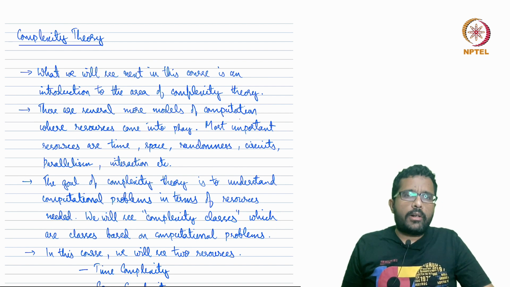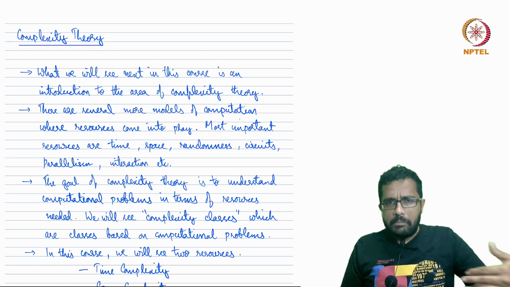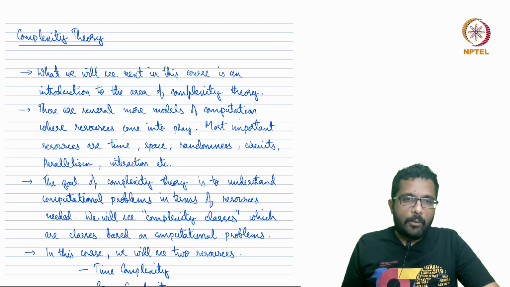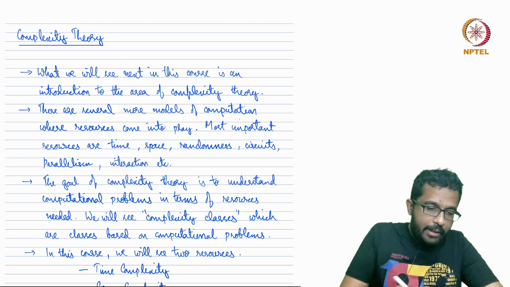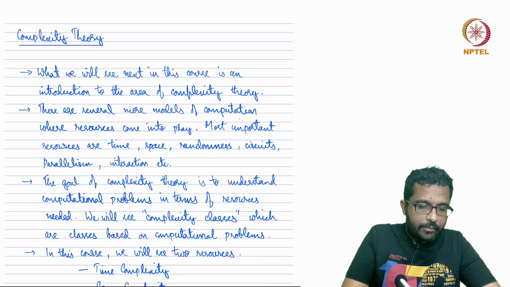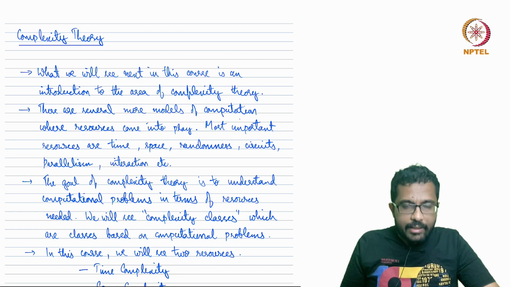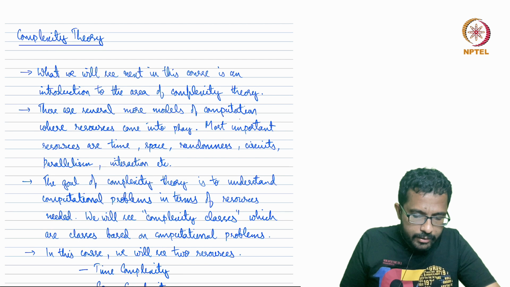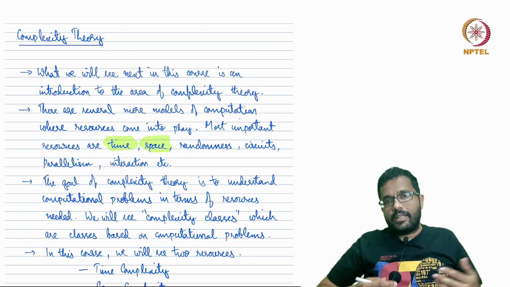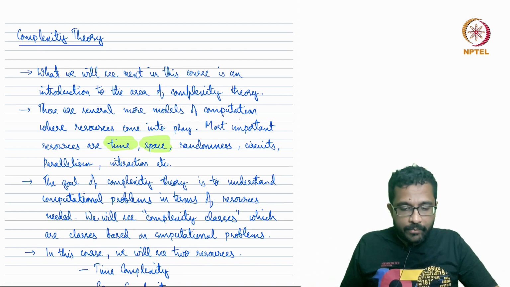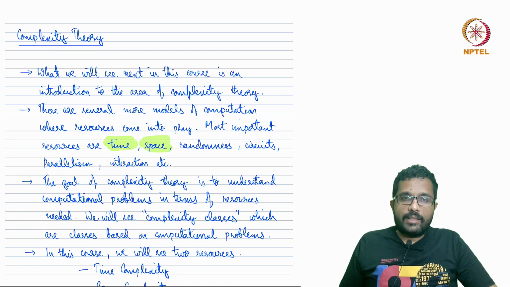There are several models of computation. We saw many in our course itself, but there are even more models of computation, and there are many resources in these models. Even in the models that we saw, two of the resources that stand out are time and space: how much memory is required to do a certain computation and how much time is required. There are also other parameters that are studied, such as randomness.